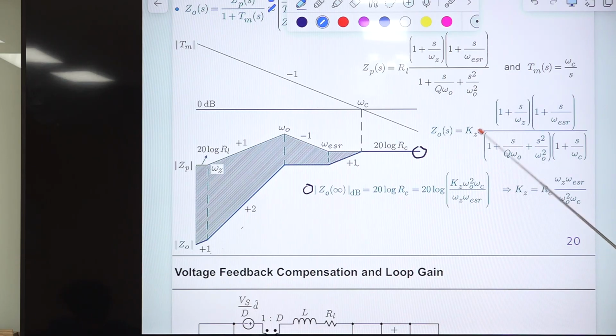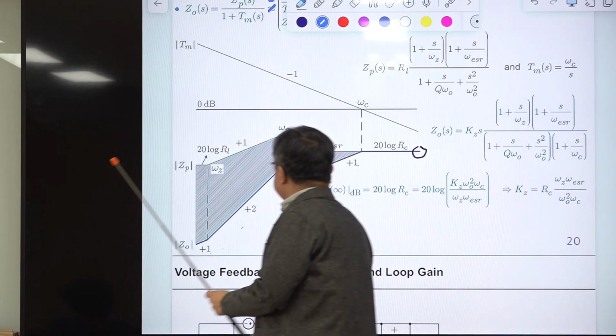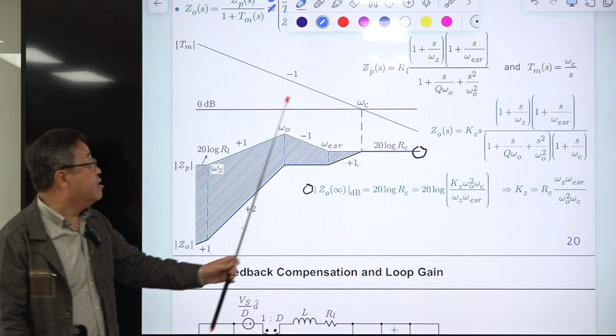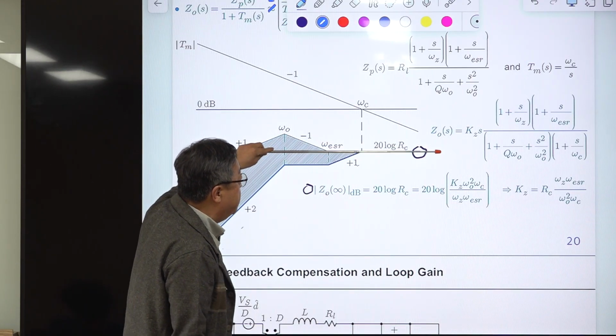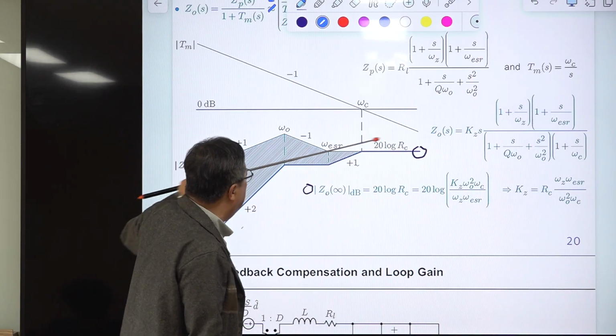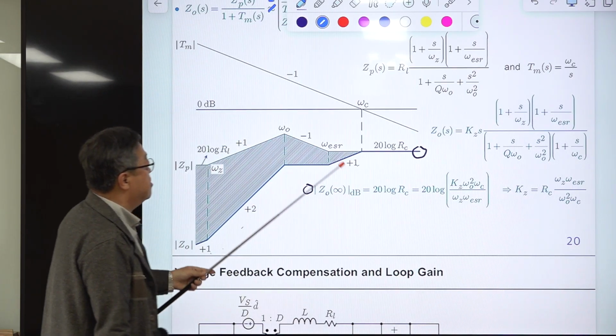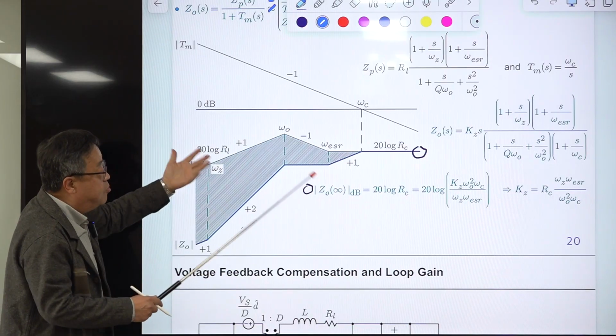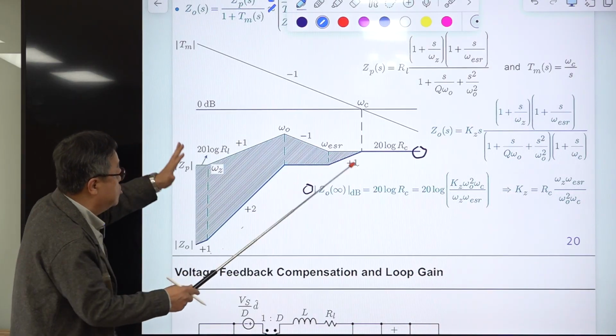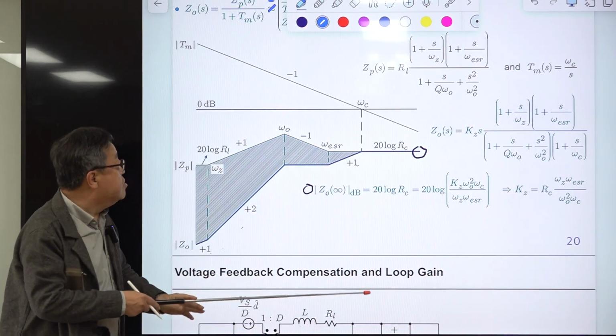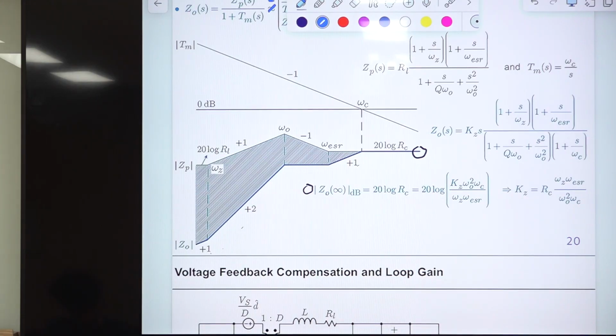Right. So this is the value, and after this, you take this one, which is the same as the open loop transfer function and closed loop transfer function. And as previously, you do some subtraction here. So now the magnitude of this, and let me use this purple one.